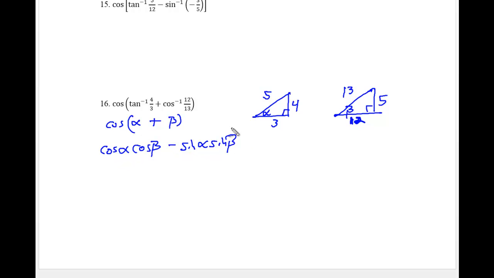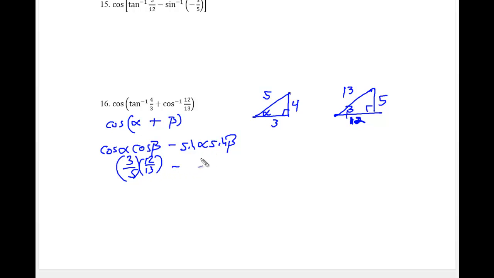So our cosine alpha, that is going to be my adjacent over hypotenuse, so 3/5. And my cosine of beta, better multiply these, is going to be my adjacent over hypotenuse, 12/13.